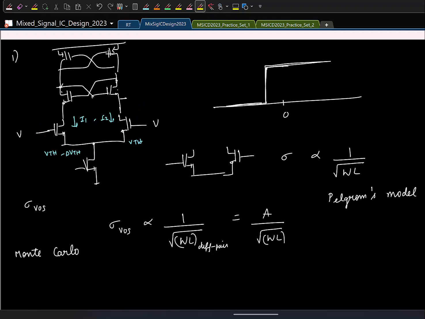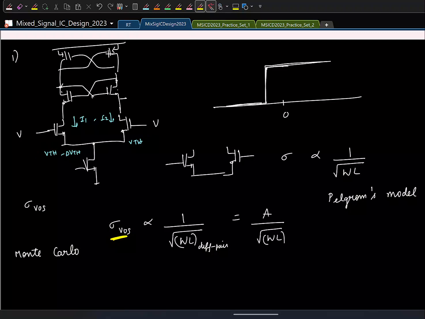Let's say you run it 100 or 200 different times. You'll have 100 or 200 different offset voltages. Find the standard deviation of them. From that, we can find this proportionality constant, and then you can back calculate a reasonable area for the differential pair. This is the starting point for your design, or at least one starting point. You size your differential pair based on the required sigma of the offset.